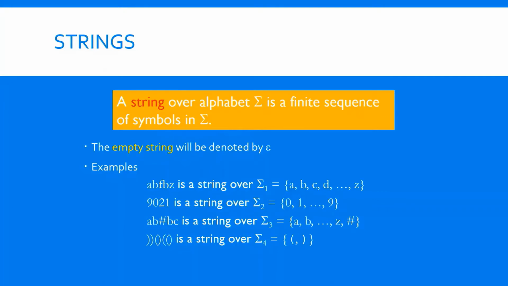Or you can write X is a symbol if the cardinality of X is equal to 1. Very simple. Similarly, if the cardinality is 0, then that is denoted by epsilon, a specific string which we have named the empty string or null string.